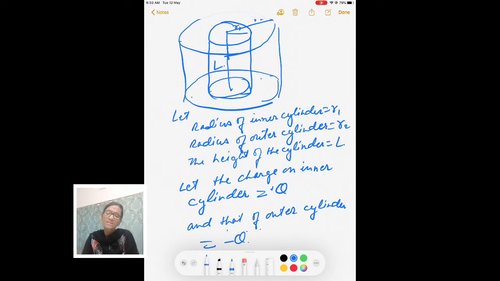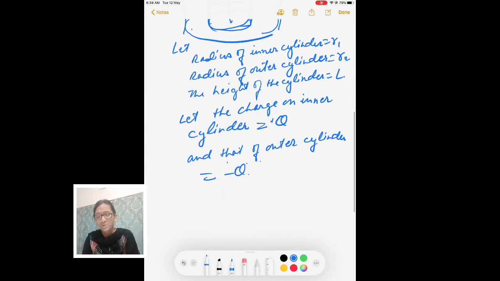So for the outer cylinder, if we have charge, then the electric field inside the hollow is equal to 0.